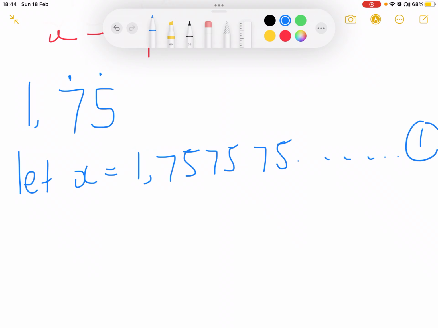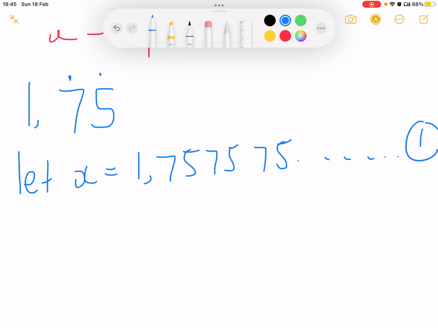We need to multiply both sides of equation 1 by multiples of tens, hundreds, and thousands until the decimals after the comma are the same. Alright, let's start with 10.